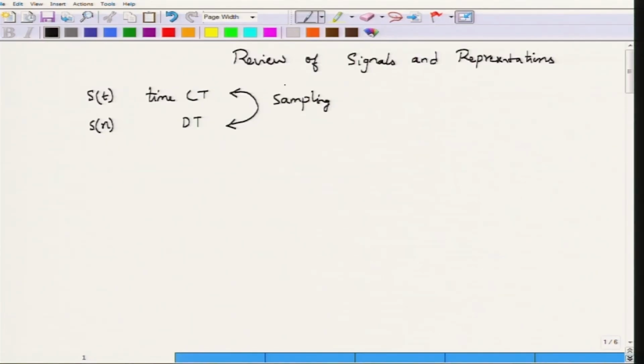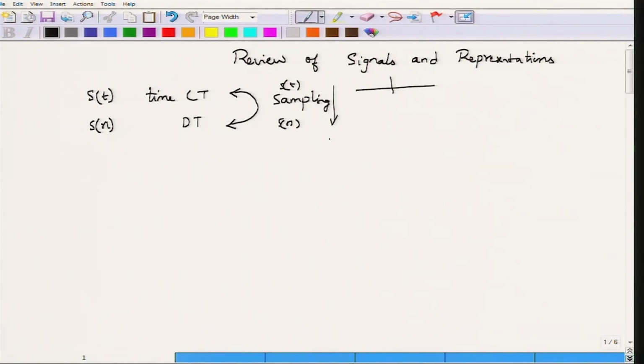I can go from S of t to S of n, provided that S of t satisfies certain conditions, namely that its bandwidth is limited to a certain range of frequencies. Then it is possible for me to sample fast enough so that S of n would be an accurate representation of S of t.